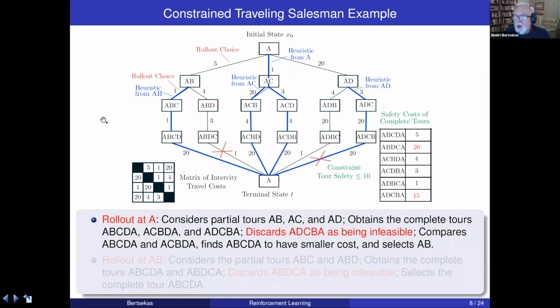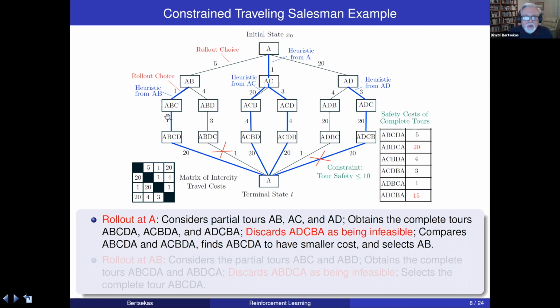Okay, so we're going to go through constrained rollout step by step now. This is basically the algorithm of the previous slide. We start at the initial state, and we will do rollout at A. How will this be done? We consider the partial tours AB, AC, and AD, and then we run the heuristic from each one.